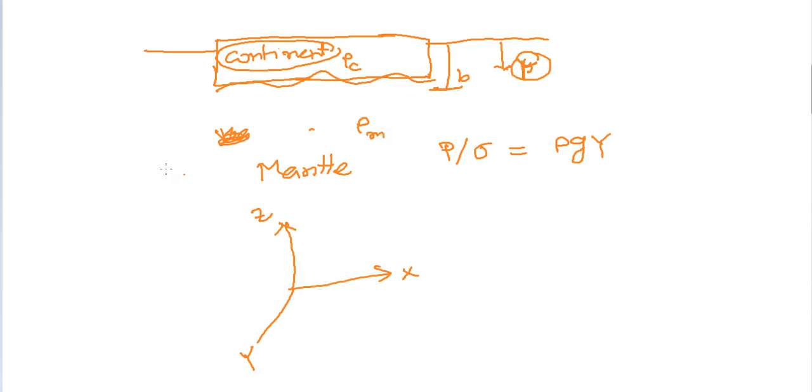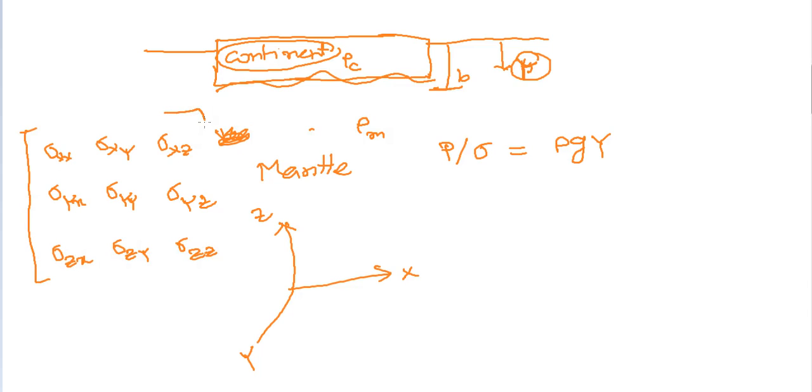So in the stress tensor, we can find sigma xx, sigma xy, sigma xz, and sigma yx, sigma yy, and sigma yz, sigma zx, sigma zy, and sigma zz, right? This is the full stress tensor at a particular point. Sigma yy is the vertical force per unit area that acts beneath the earth, right?